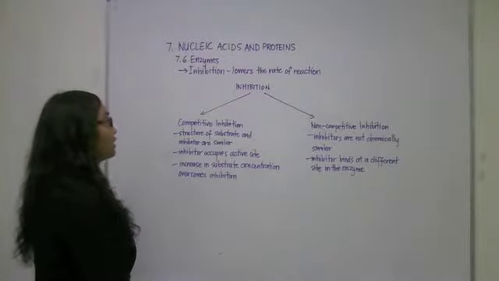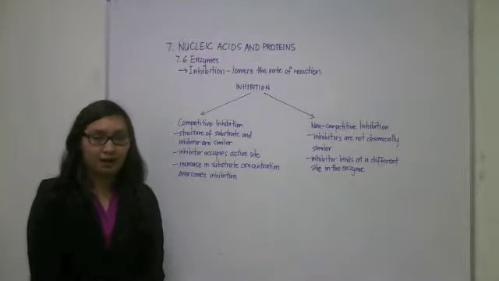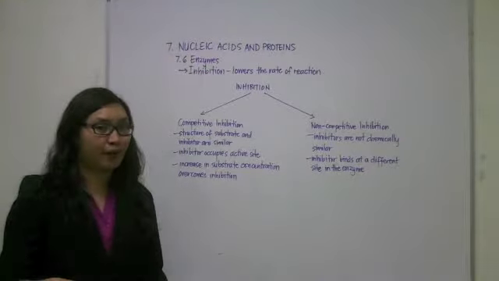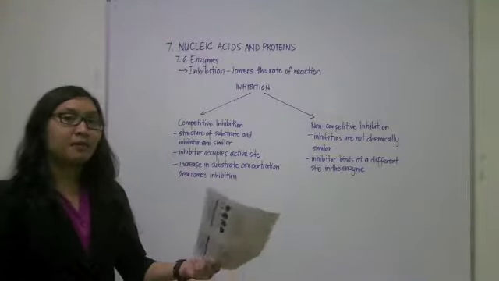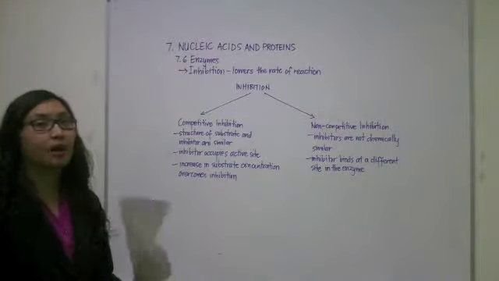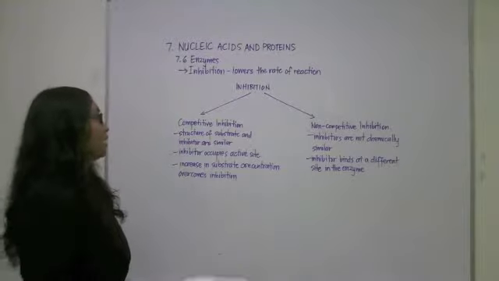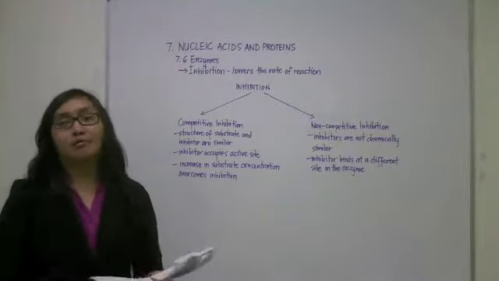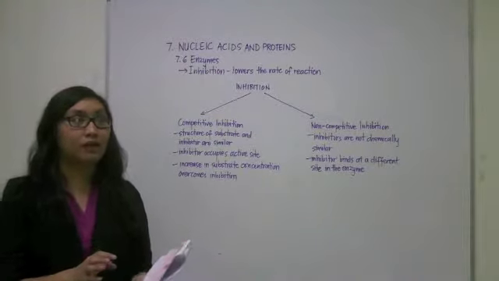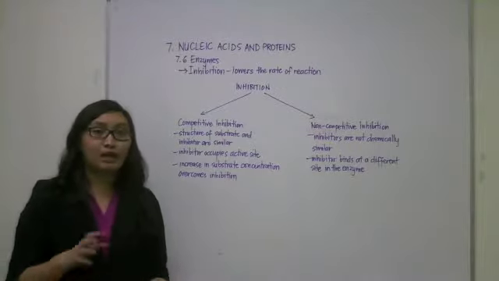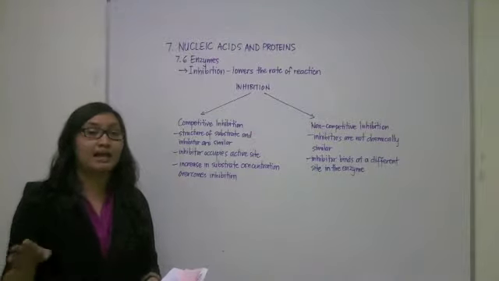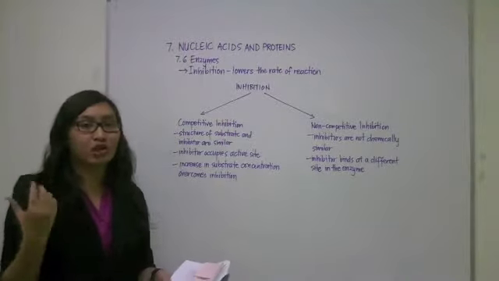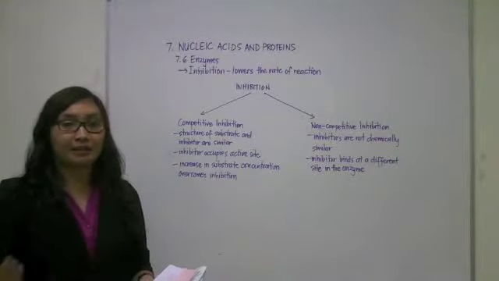So the last area that needs to be discussed under enzymes is inhibition. Inhibition is a process wherein it lowers or decreases the rate of reaction of the enzymes, simply because of the presence of inhibitors. Inhibitors are molecules or substances that are able to bind onto the active site of the enzyme, or bind at a different site within the enzyme molecule, which changes the shape of the active site of the enzyme.